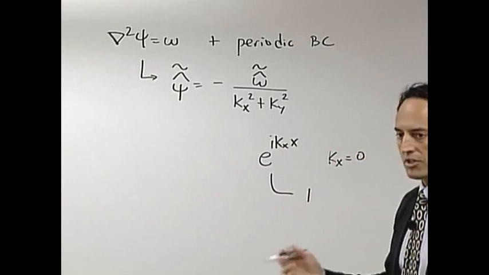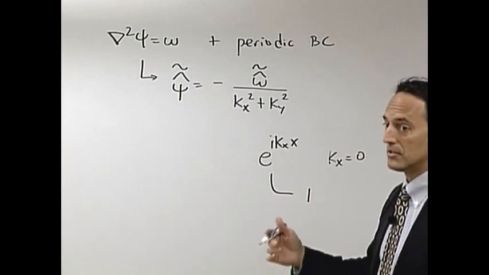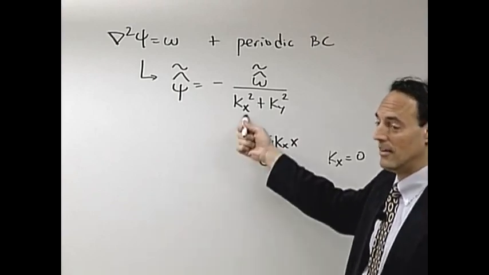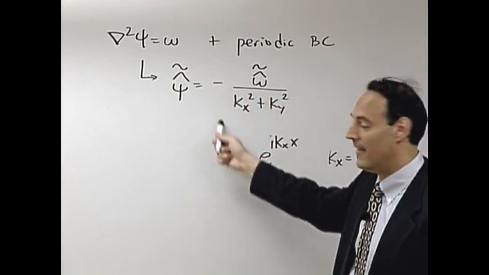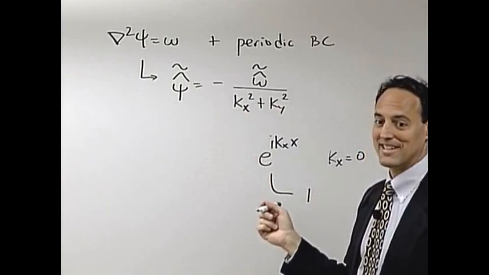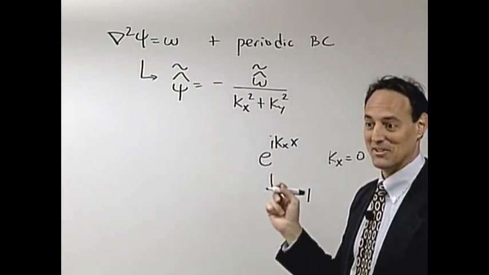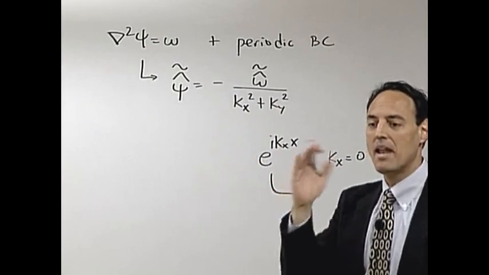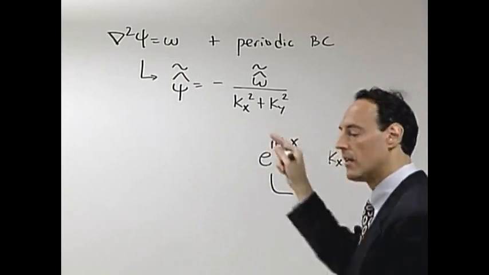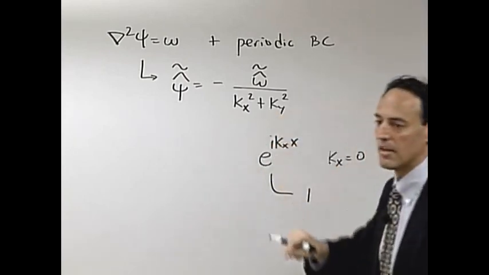So we can just ask the simple question, what happens when you look at this kx or ky when they're 0? Who loves to divide by 0? Because MATLAB will complain to you. So the manifestation of this problem about singularity in the Fourier transform shows up as a divide by 0.